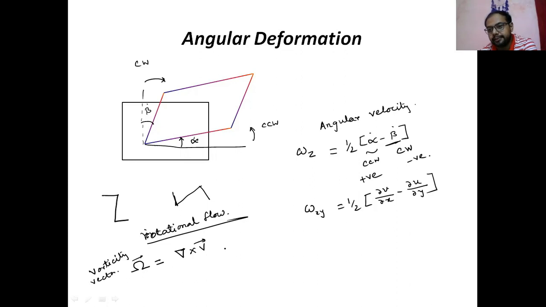The curl operation of V is the vorticity vector. It gives the rotationality of the flow. So if the flow is not rotating, the vorticity vector will be a null vector. Then we can say the flow is an irrotational flow.